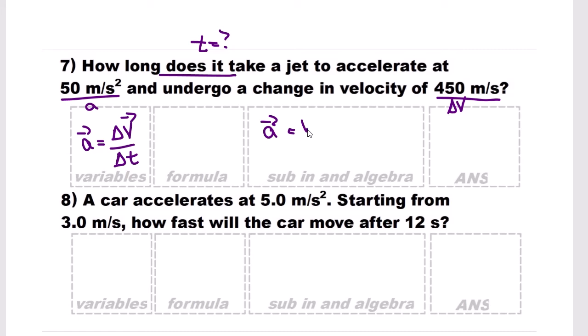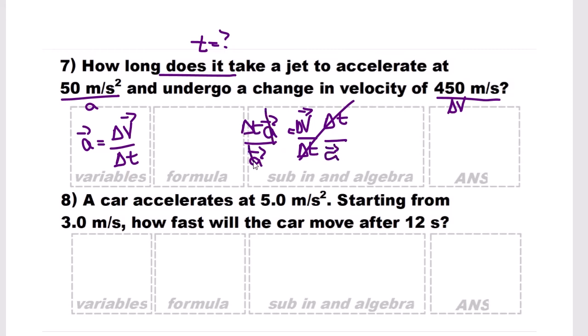You'll see it's kind of like that uniform motion formula that we used earlier. First thing I want to do is get the t to the top of the fraction. So if I multiply by delta t on both sides, it'll cancel over here. Then I can get the a to cancel by dividing by acceleration on this side, as long as I divide by acceleration on this side too.